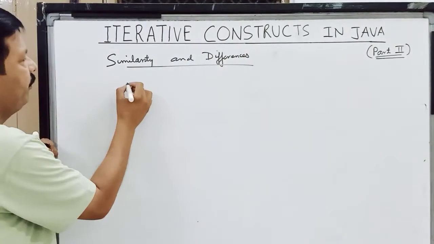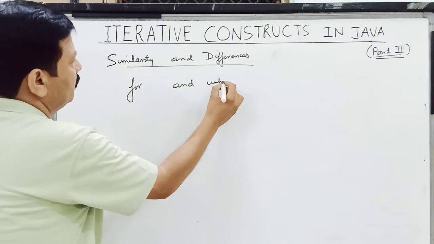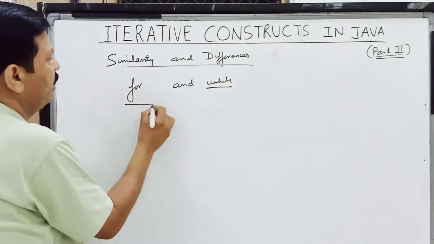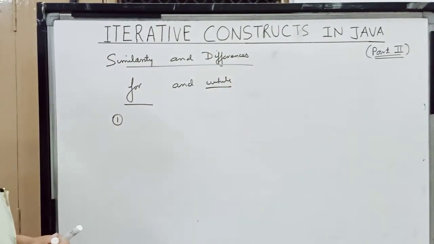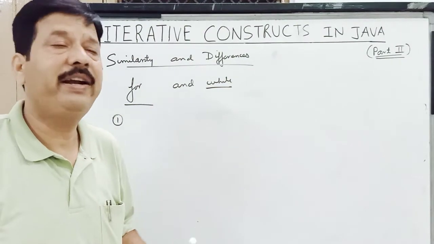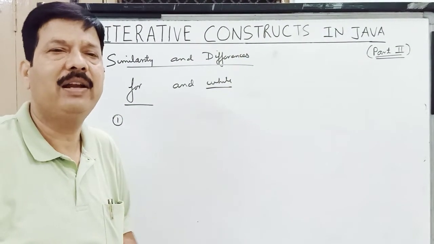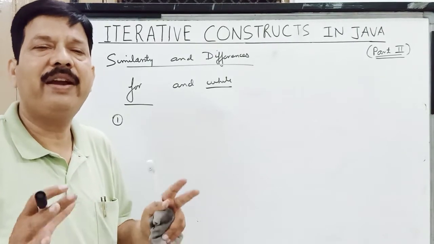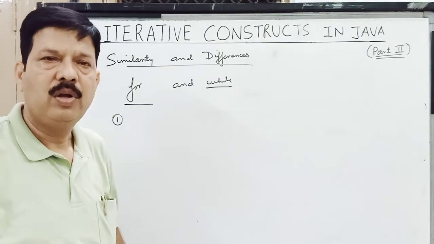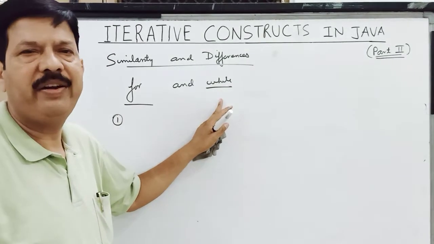First we are talking about for and while. So children, what is the first similarity between for and while? I think the first similarity between for and while loops is that both the loops are entry controlled loops. So for loop is an entry control loop, while loop is an entry control loop.